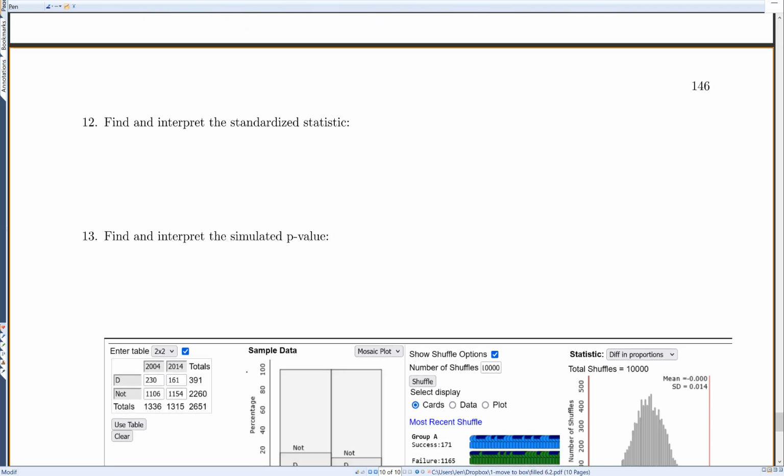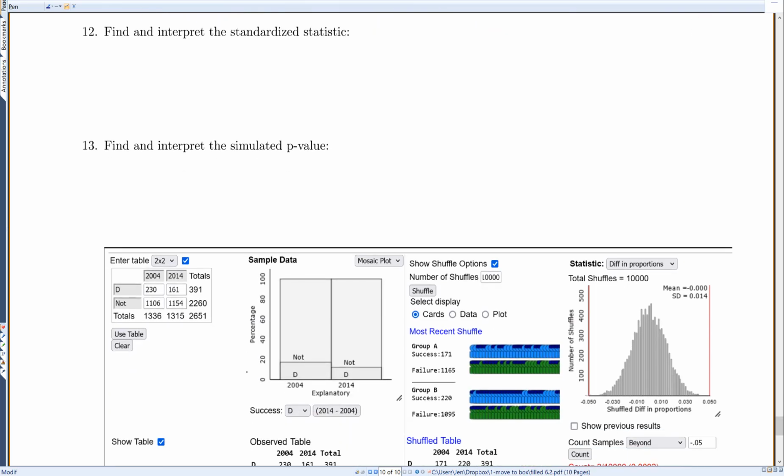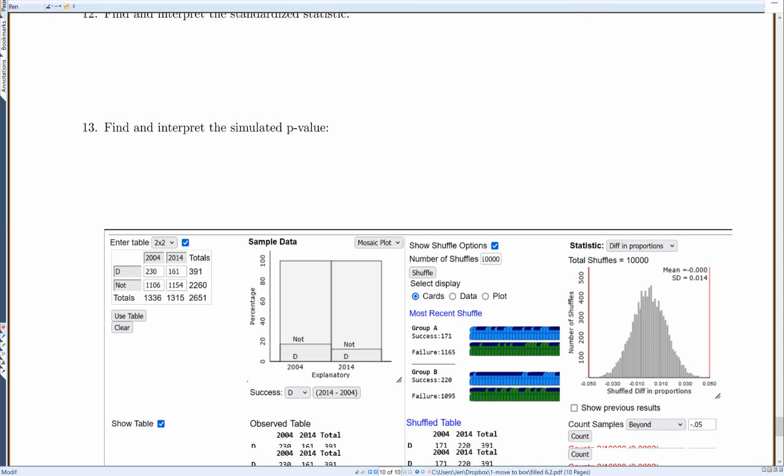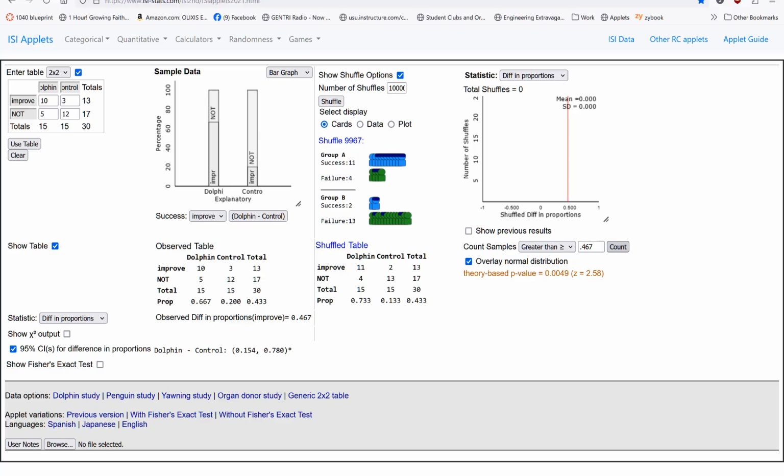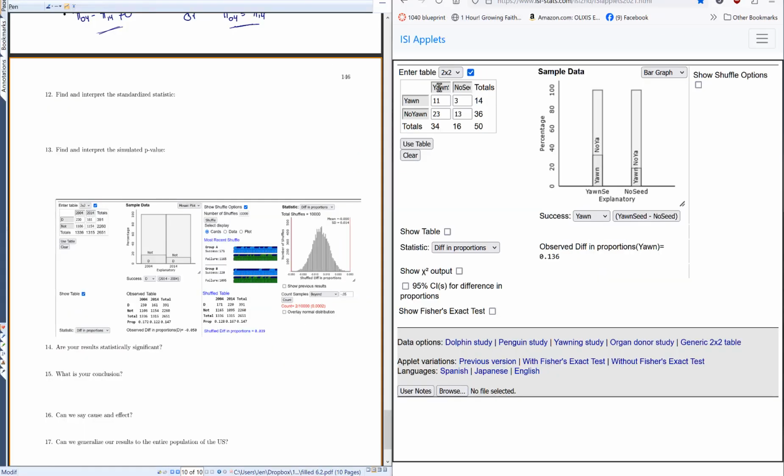So let's find and interpret the standardized statistic. But to do that, we need our results. Okay, so we go to our applet and put everything in. So I'll do 2004, 2014. I'll say donate 230 people, 161.